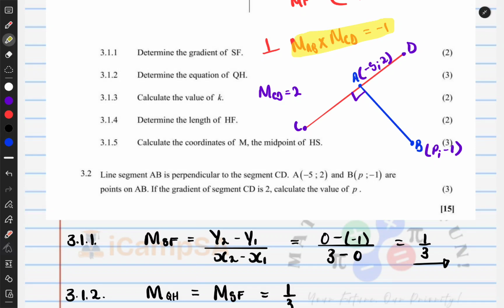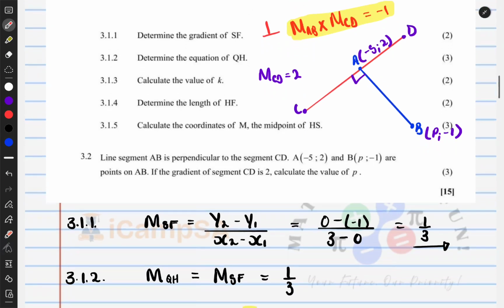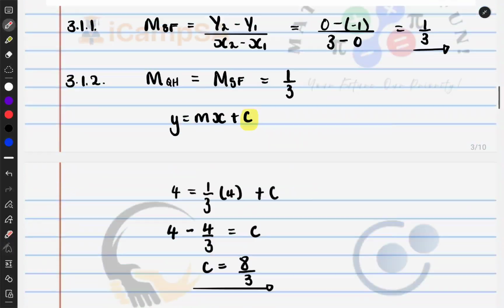It's a rule that the product of the gradients of perpendicular lines is equal to -1. So let's calculate the gradient of AB, and then we can solve for P. We are already given the gradient of CD, which is 2.